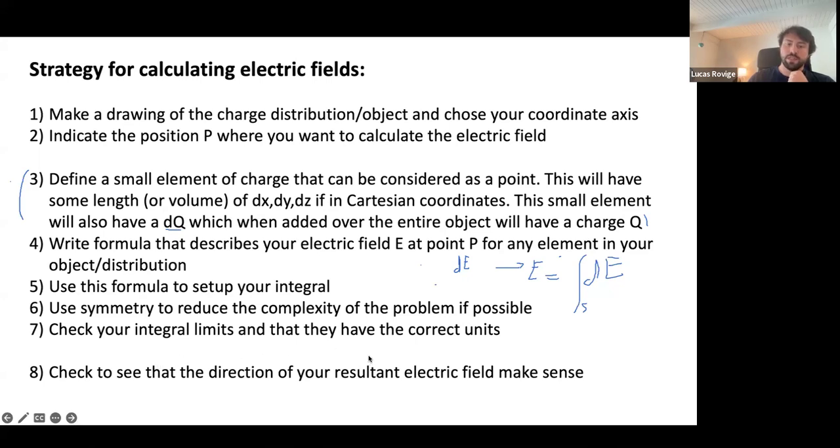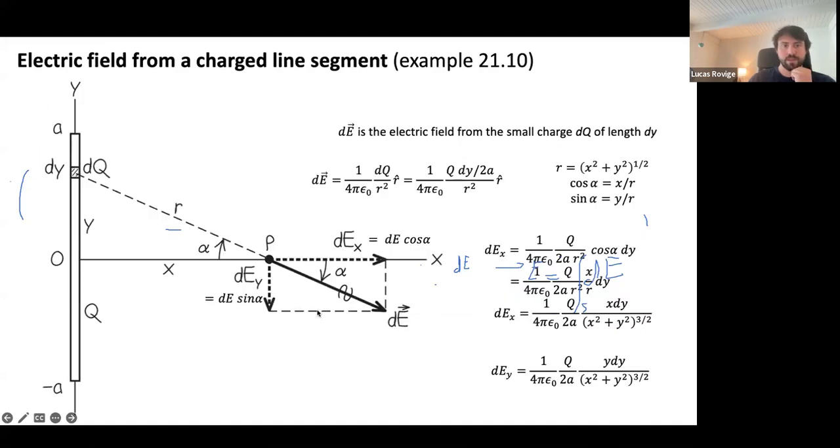They correspond to your system and they have the correct units. And then once you get your final result, you can check that your electric field makes sense. Let's say that your charge is positive, make sure that the direction is oriented the right way, considering this is a positive charge, and stuff like that.